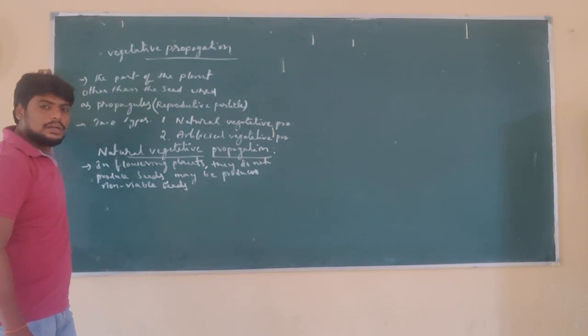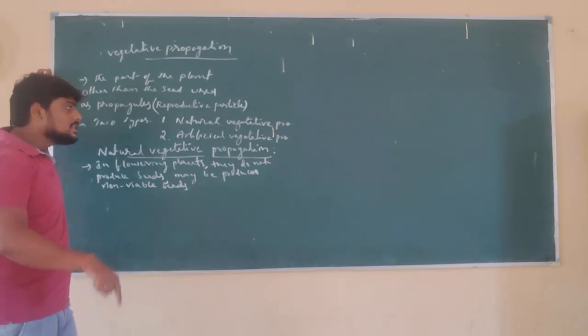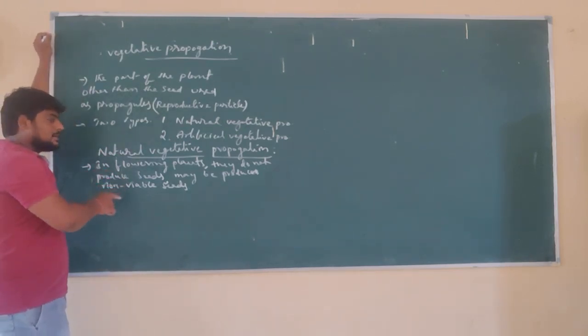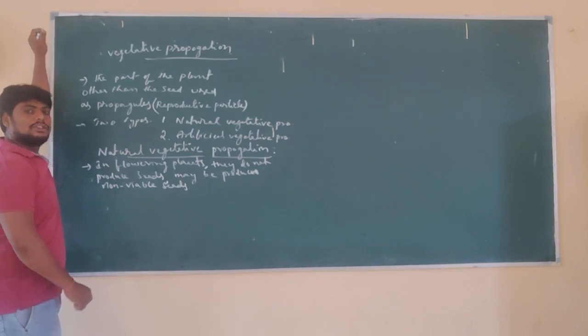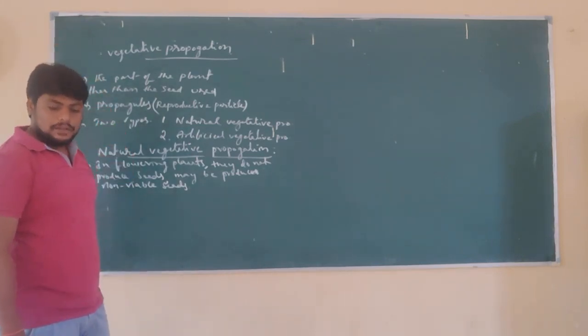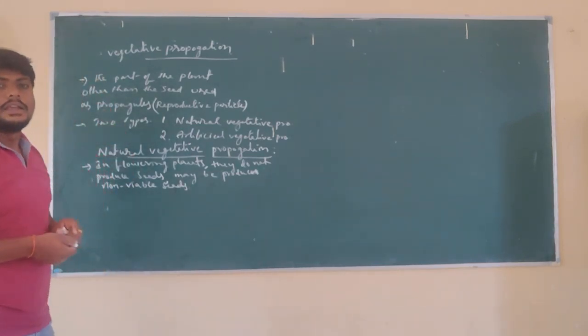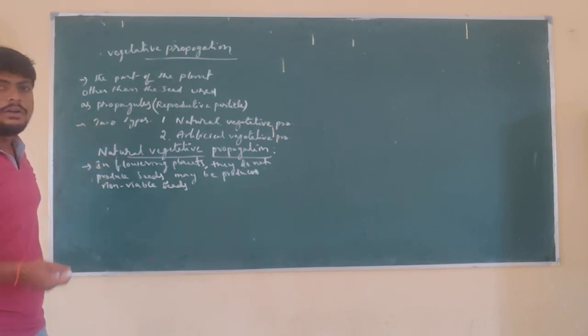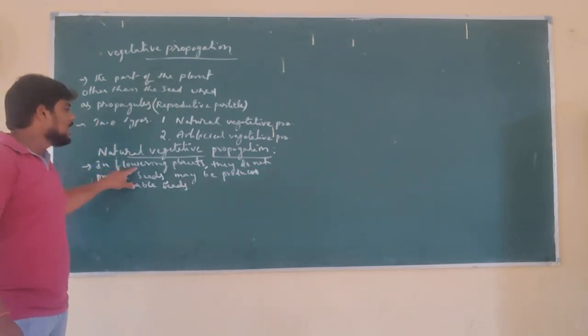Non-viable seeds are non-living, meaning they have no capability to produce a new plant. In such conditions, plants use natural vegetative propagation for the development of new plants.